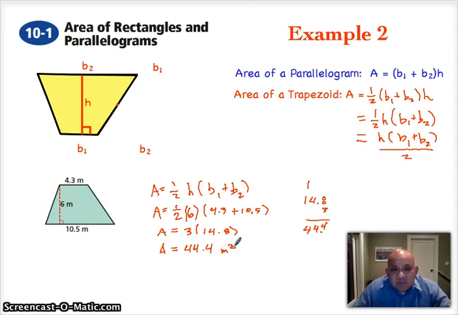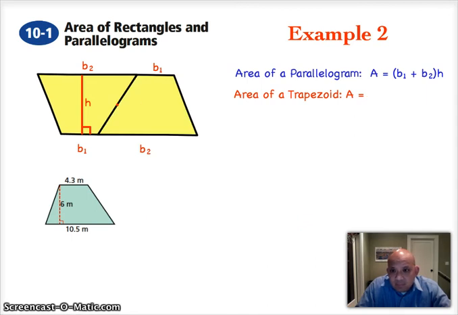Again, this is area, so the label is always a squared unit. In this case, meters squared. Checking my math, 3 times 8 is 24, 3 times 4 is 12, 3 times 1 plus 1, 44.4 meters squared.